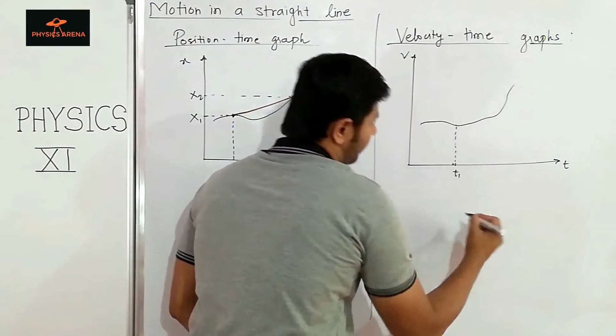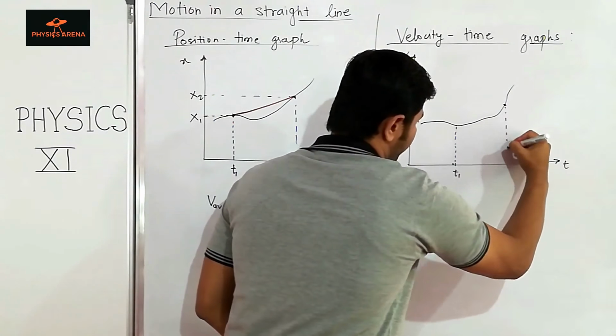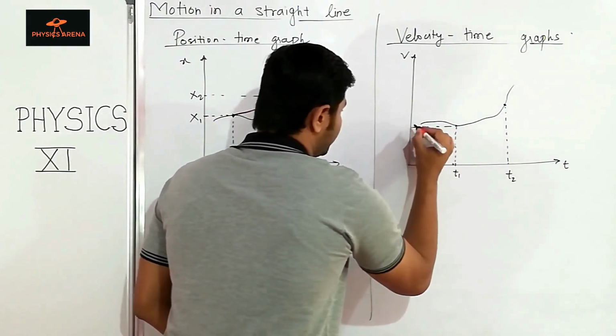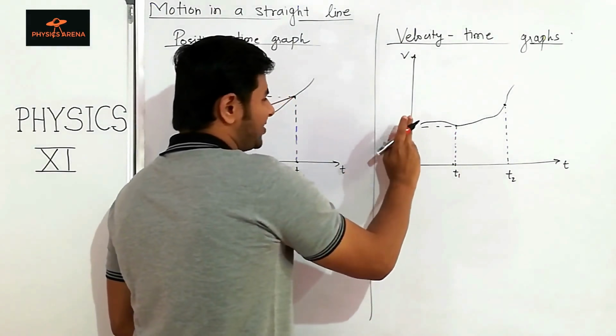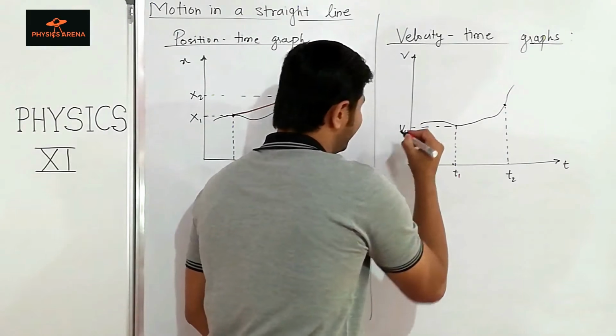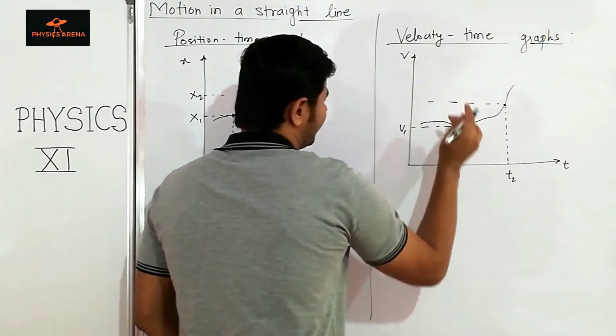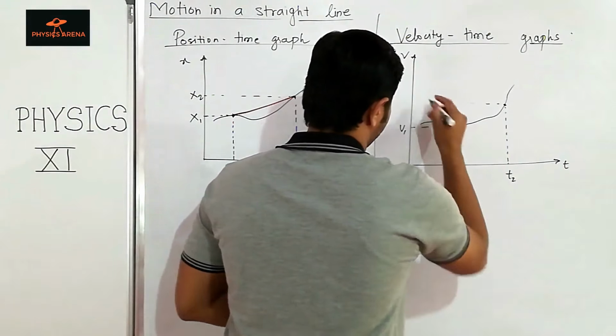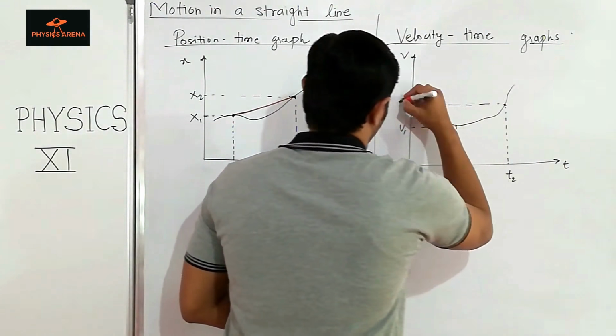So this is time t1, this is time t2, this is the velocity at time t1, v1, and here the velocity at time t2 is v2.